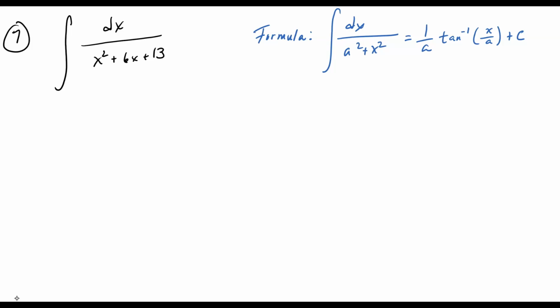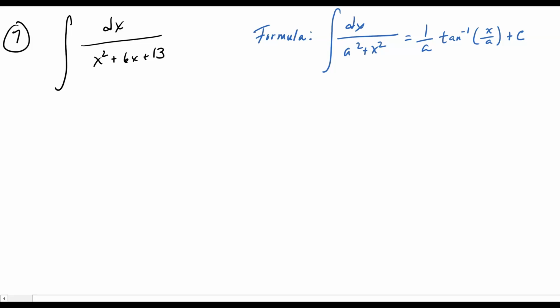And the tangent inverse requires that you have some kind of two squares being added, a sum of squares, if you will. So we're going to do the completing the square technique. So you're starting to put together maybe everything that you've ever done before. We're going to complete the square, and that's how we're going to approach this problem.